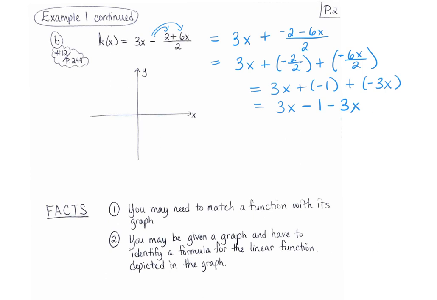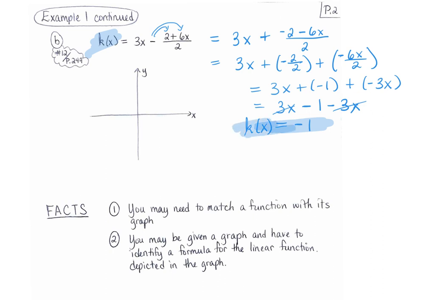Now what happens to the 3x's? They cancel, leaving us with negative 1. So k of x is equal to negative 1.